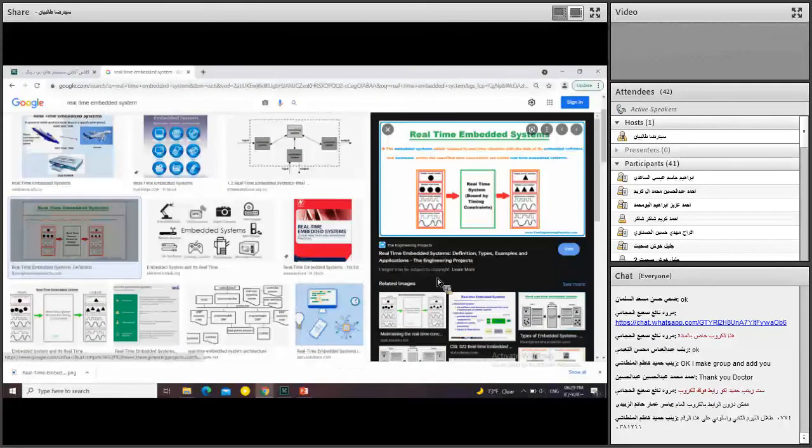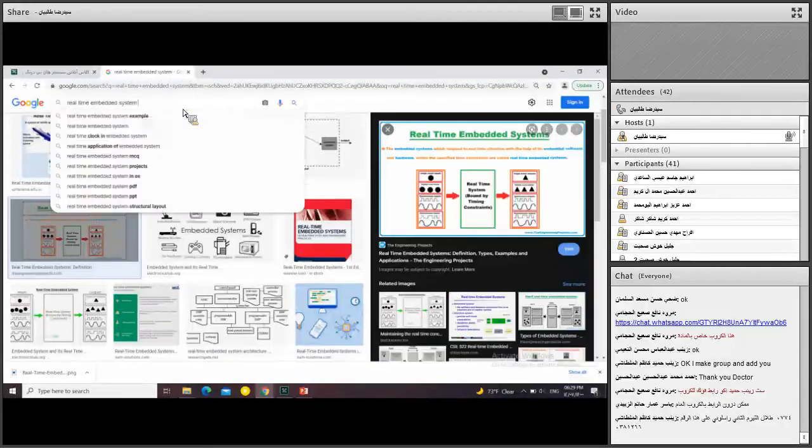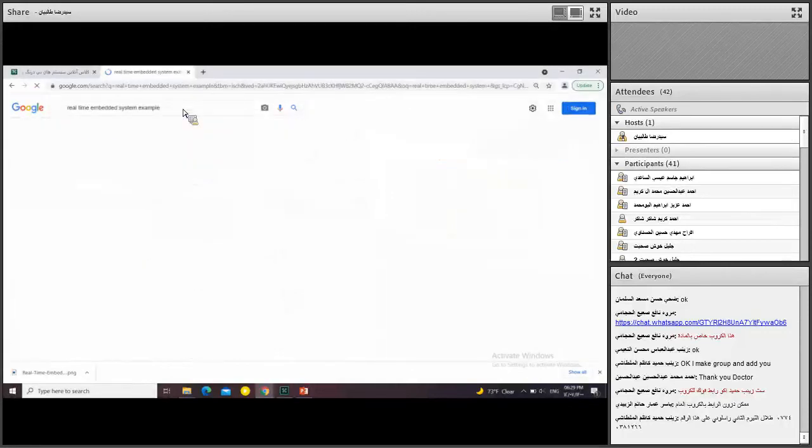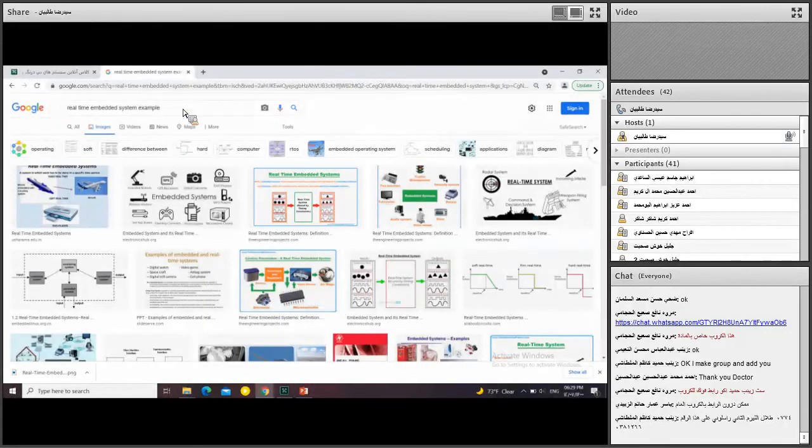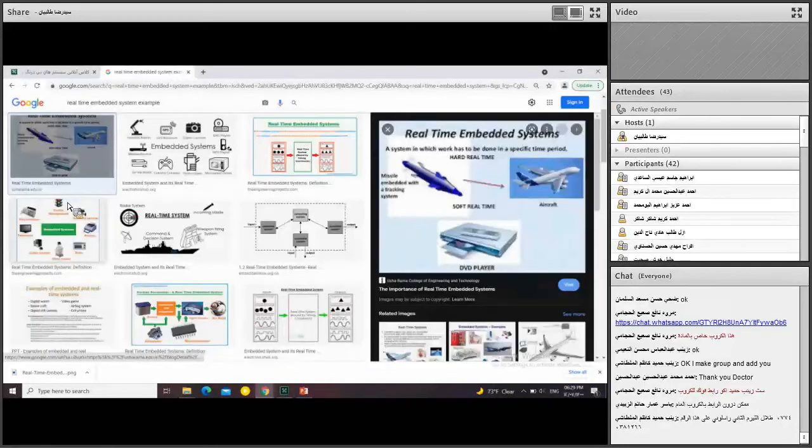Okay. This is the definition of real-time embedded systems. Let me write another thing, real-time embedded system examples. We can find some examples of real-time embedded systems.